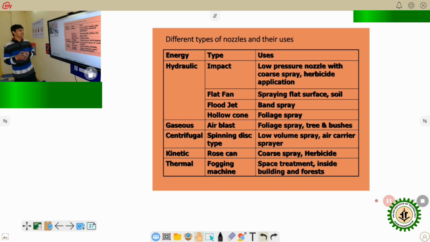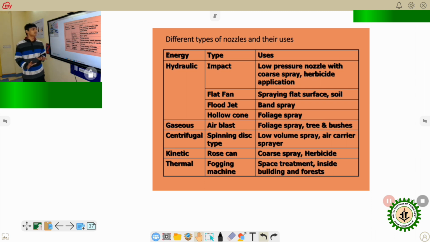They have many applications, such as low pressure nozzles, and post-emergence spray. For herbicide applications, it can be used to spray a flat surface. We can go for the flat fan type, and for band spray we can use the flat jet type.